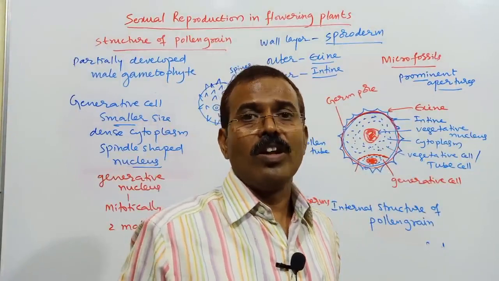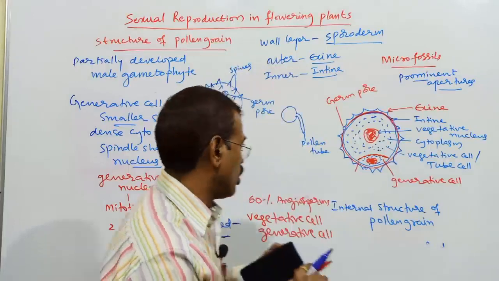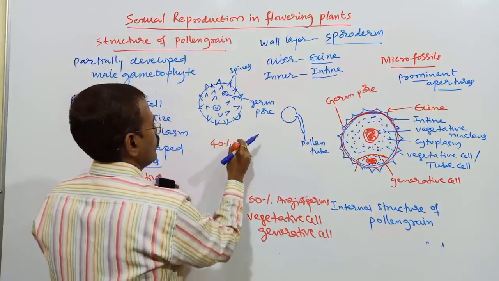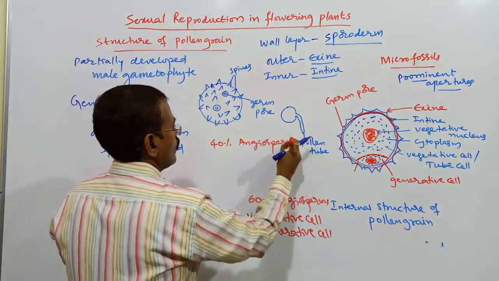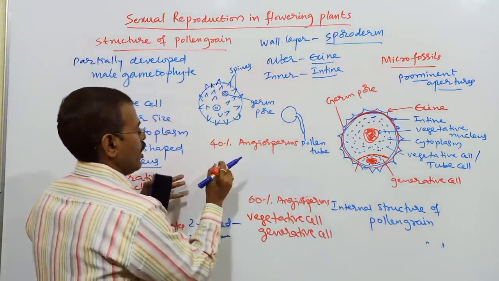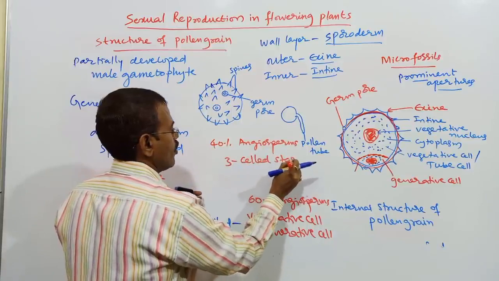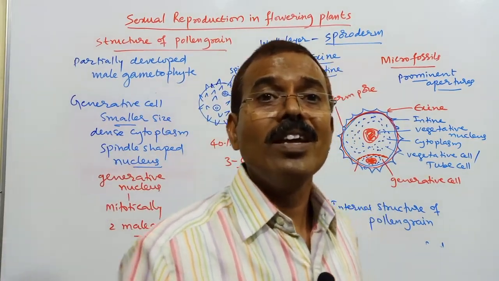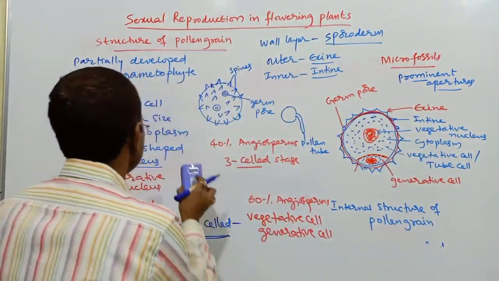Now listen, the remaining 40% of the angiosperms, when the pollen grains are released, will be in three-cell stage. How will it be three-cell stage?